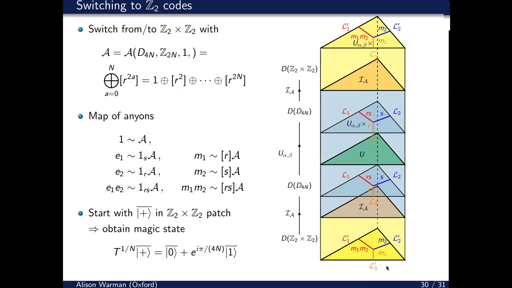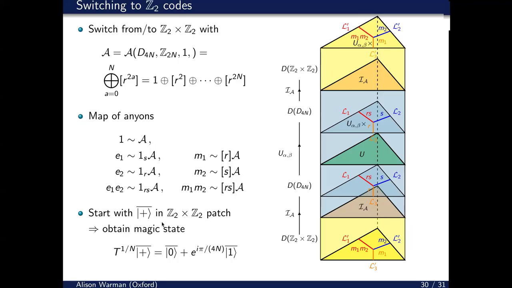This means that we can start with a Z2 patch that encodes one logical qubit with this triangle. And we can start with a plus state, which is 0 plus 1. Then we use this interface to go into the non-abelian patch. We apply the unitary constructed with the 2-cocycle, the SPT alpha with its boundary counterterms beta. We obtain the logical action of this, and then we use the interface to go back to the Z2 patch.